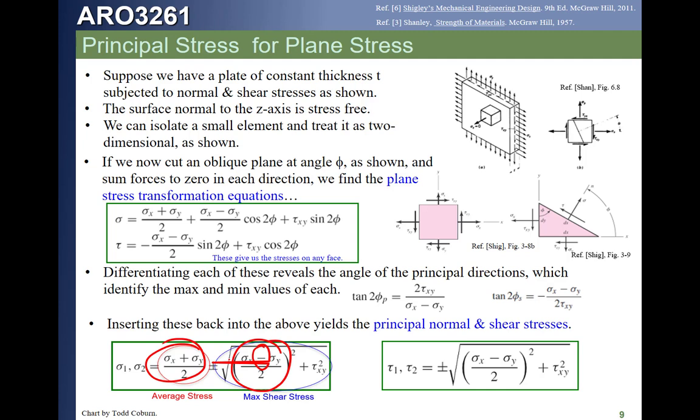This term is missing that other stroke. It's just got a negative instead of a positive. So this is the average stress, and this is actually the difference of the stresses over 2. And we have the shear stress. See how easy that is? This part is the average stress. This part is actually the shear stress.